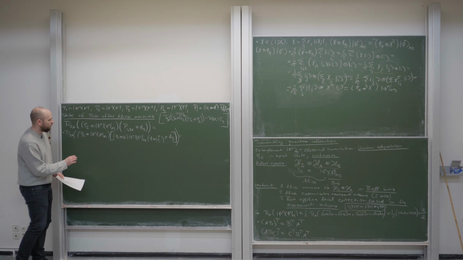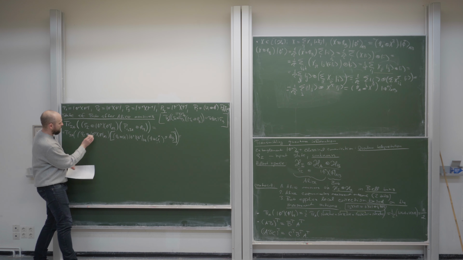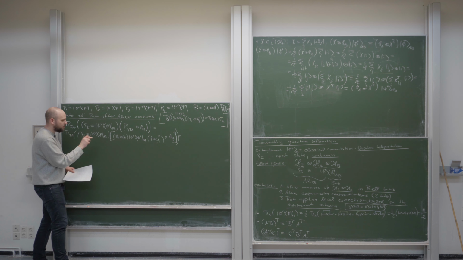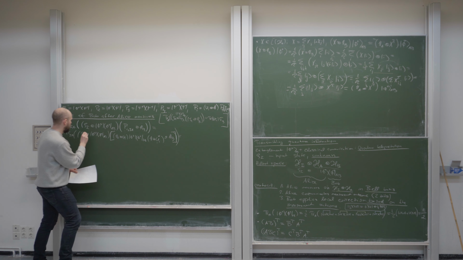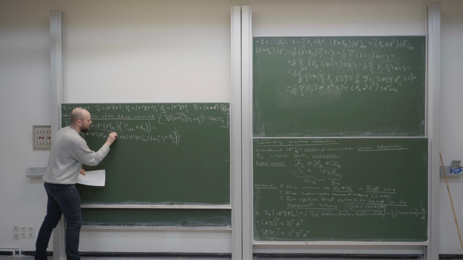Now the trick is to realize that this acts on I, so instead of writing it like this, I can write these two operators as identity times this acting on AB, and this acting on I times identity on AB, and push it that way. So effectively I can push this rho here.